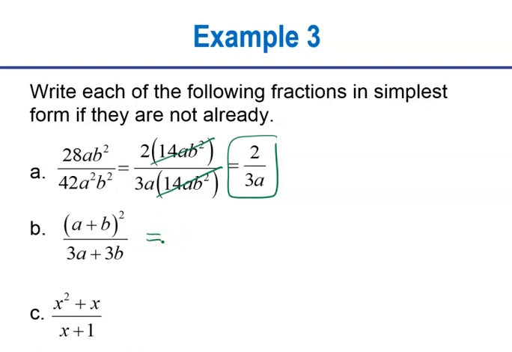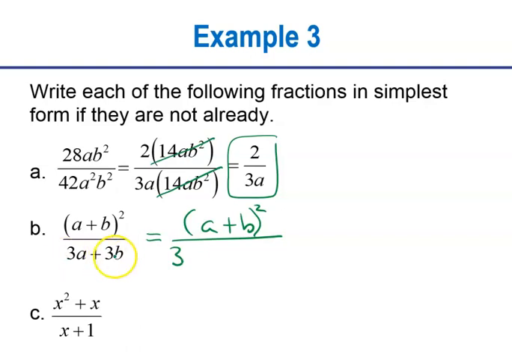Okay, now A plus B squared, that really means we have A plus B times A plus B. I'm going to leave that alone for now. But I do notice that the denominator, 3A plus 3B, can be factored. Greatest common factor is 3. So if I pull the 3 out front, remember this is using the distributive property over addition in reverse.